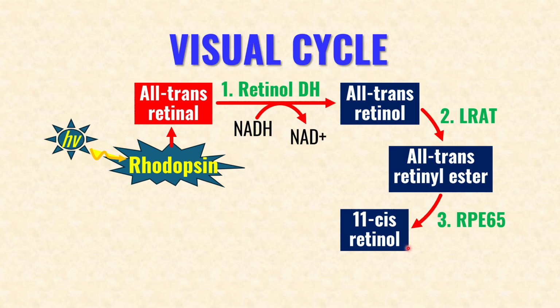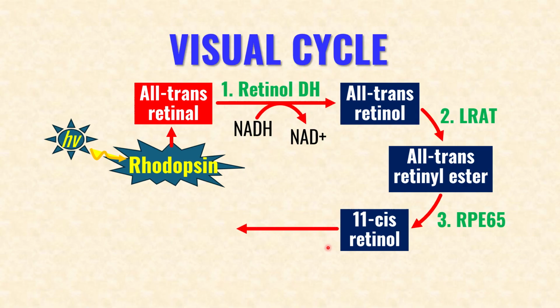This enzyme is clinically very important, interesting, because mutations in the gene encoding this enzyme have been identified to cause a congenital blindness known as Leber's congenital amaurosis.